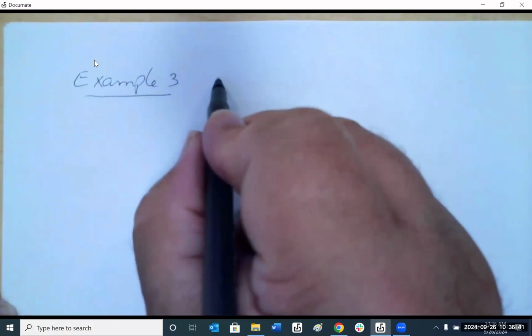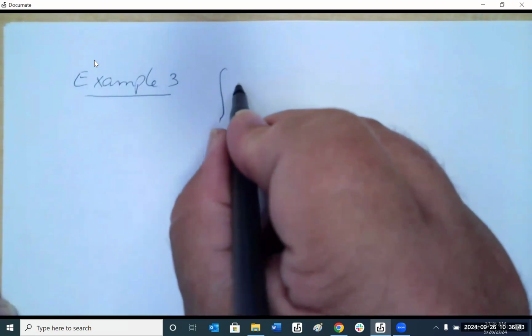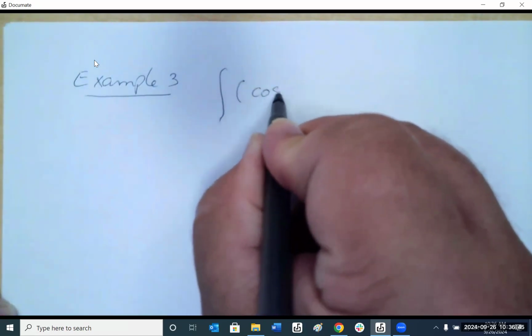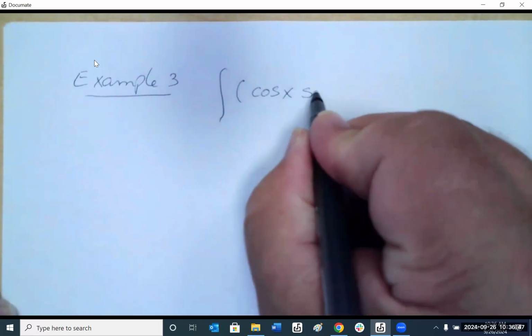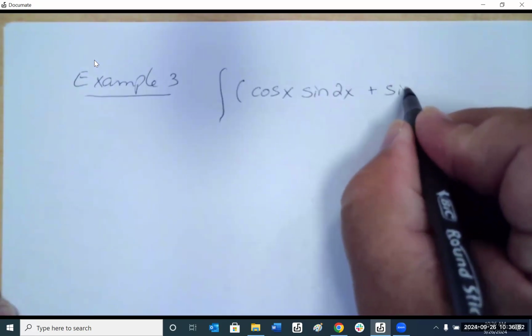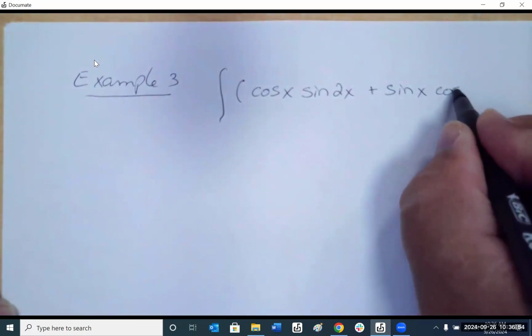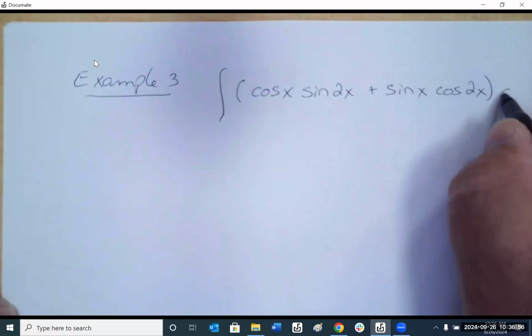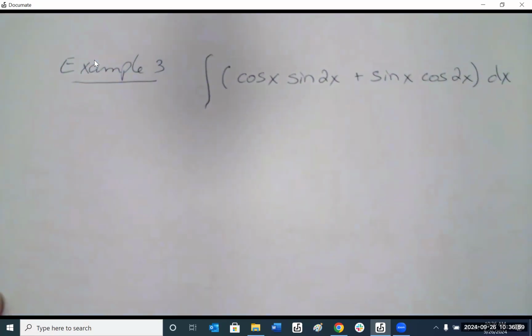Let's look at trigonometric ones. So we have to use trigonometric identities or equivalent expressions. What if we had cosine of x times sine of 2x plus sine of x cosine 2x dx?